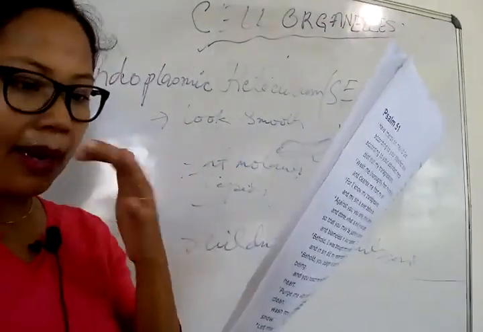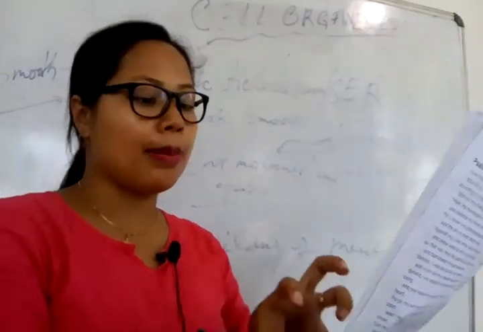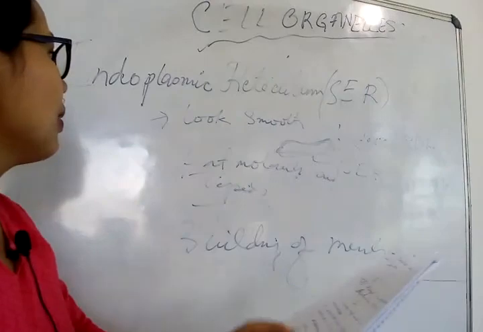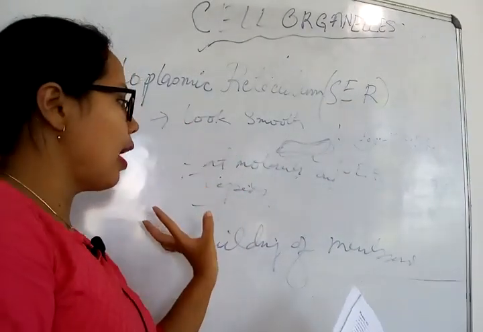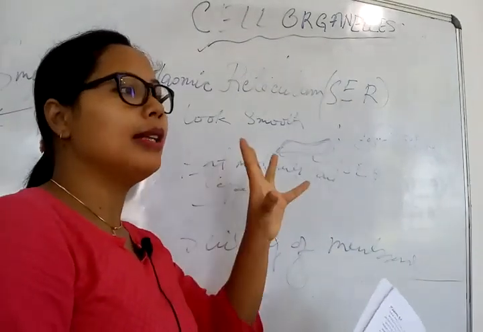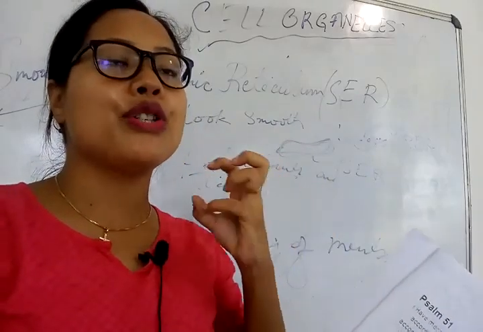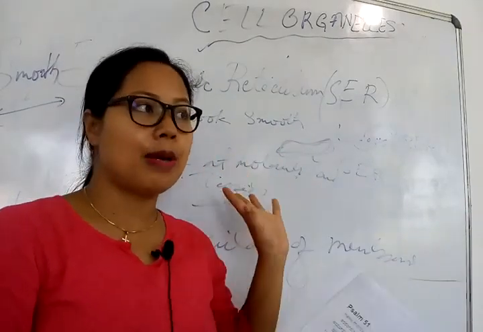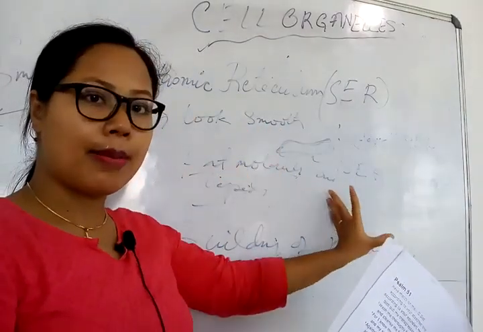Okay, and this process is called membrane biogenesis. How these protein molecules and lipid molecules help in the building of the cell membrane is called membrane biogenesis. You should remember that here membrane means the cell membrane being built.